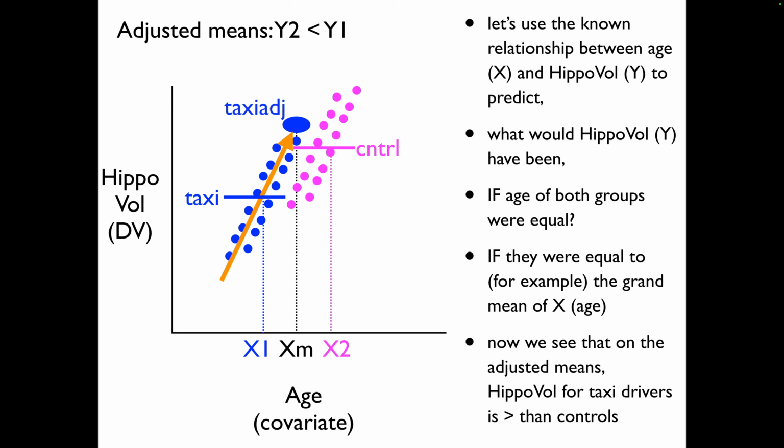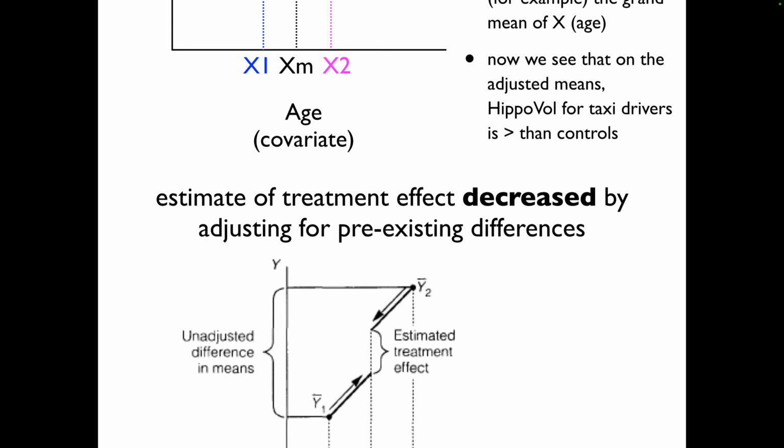That's the adjusted mean of the taxi drivers. And similarly, that big pink blob now is the average hippocampus volume of the controls if their mean age had been XM.